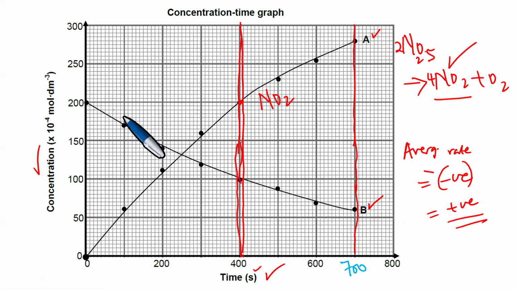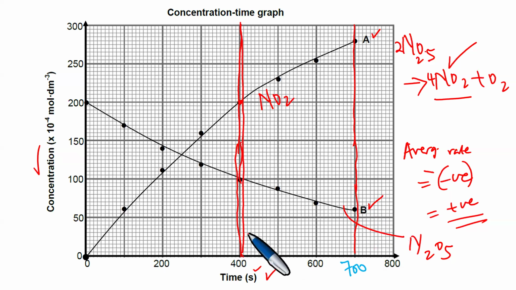I decided we're going to choose B. We're going to use A also. But B is showing a decrease in concentration, meaning it is our reactant that is undergoing a decrease in concentration. So we've put a negative because the graph is running down slope. Its gradient is negative. But we need a positive average rate, so we must put a negative so that we have a double negative giving us a plus.